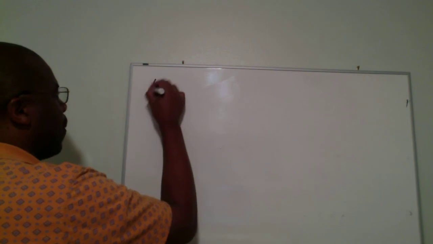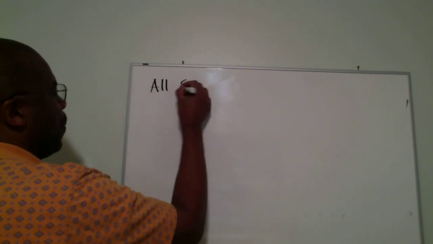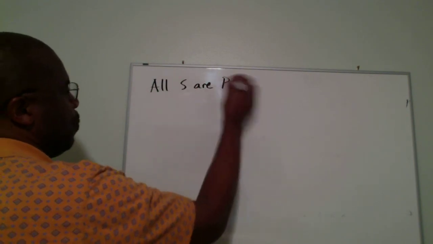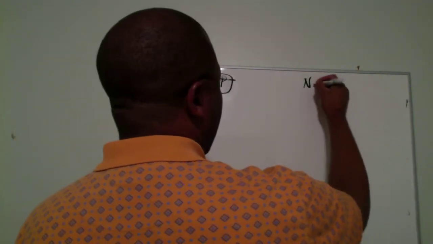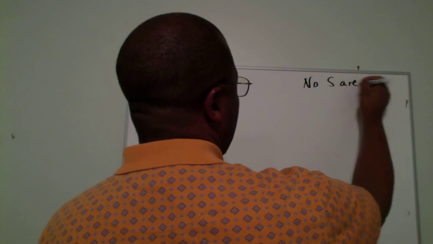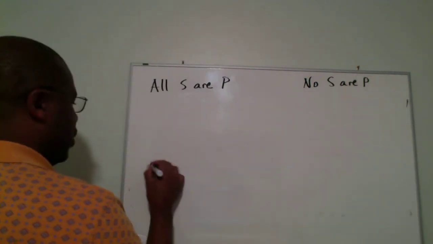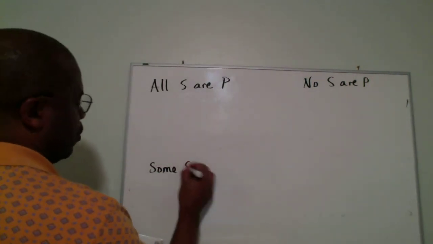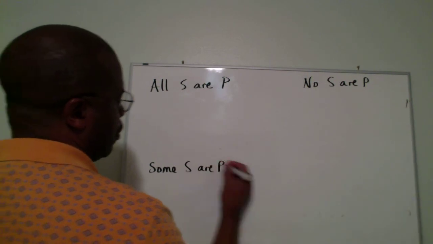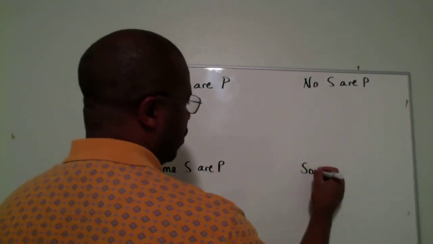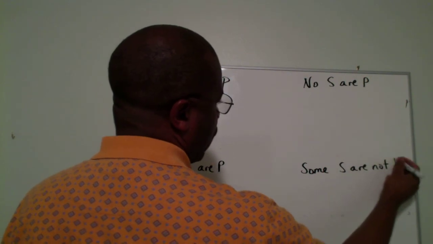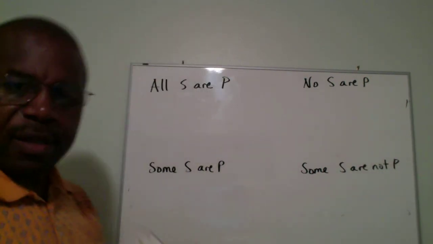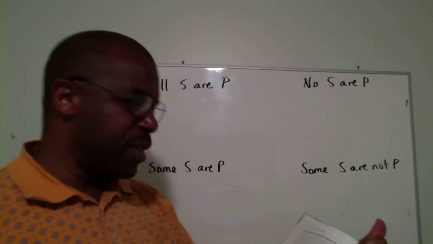So you have all S are P here, no S are P, some S are P, and some S are not P. And then it has stylistic variants of all those statements listed on that table.